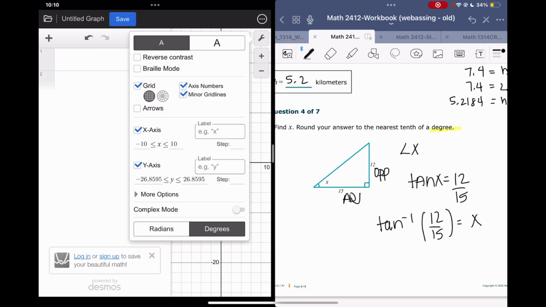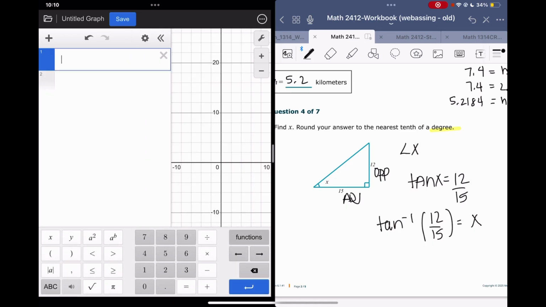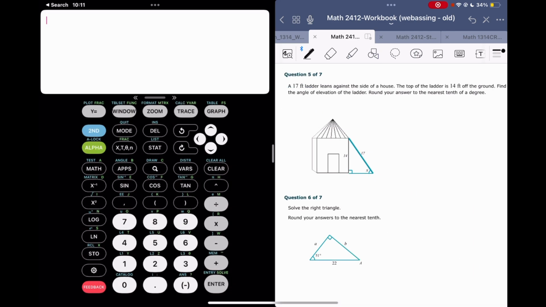So we're going to say function tangent inverse 12 over 15. That's going to give us an angle X of 38. And it says to the nearest tenth, 38.7 degrees.